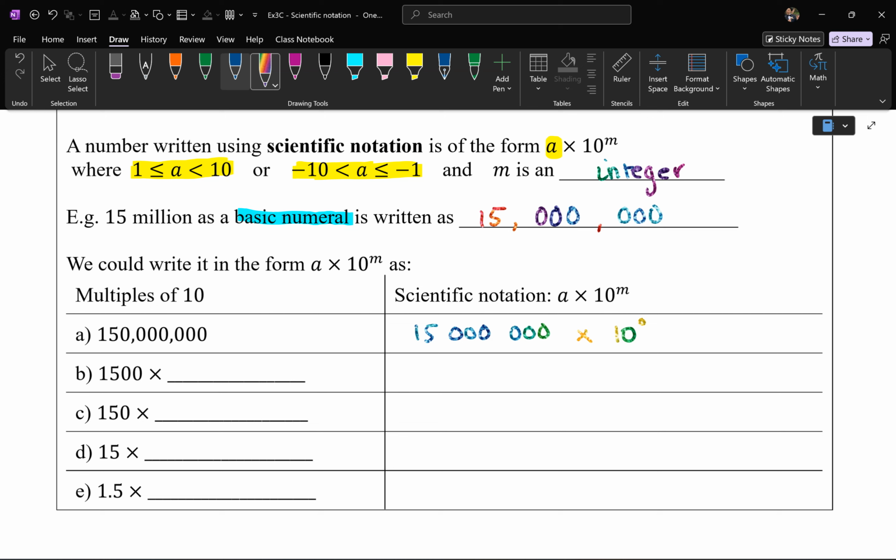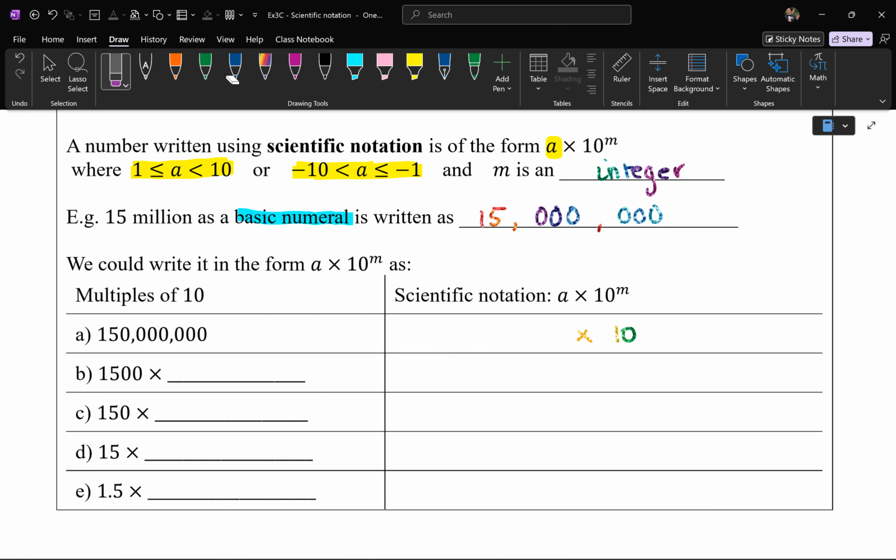What's the problem? Why is this not considered scientific notation? Joanne? Oh, that's 150 million. That's not what I wanted, but that's okay. If it is this way, we can still fix it.